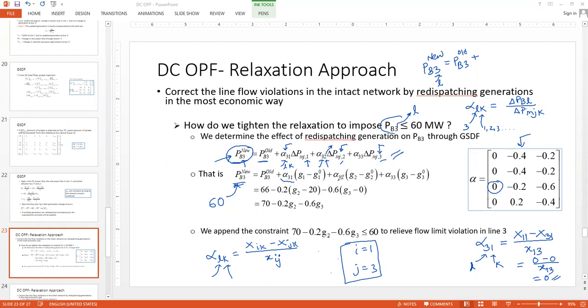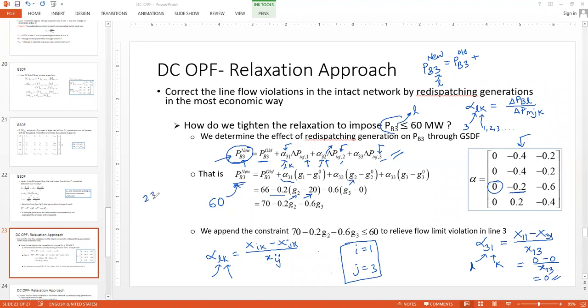So what is alpha 32? Alpha 3, third column 32. So this is alpha 32 minus 0.2 G2 new, which we don't know, G2 not, which we already know. Remember, this is the generation in megawatt of generating unit number 2, which was 20.